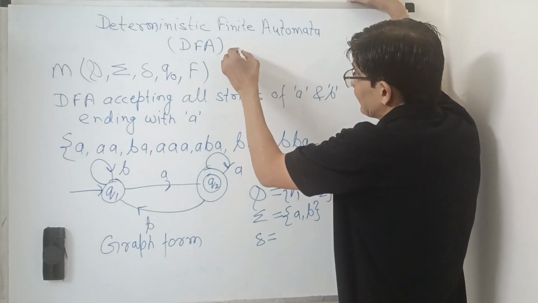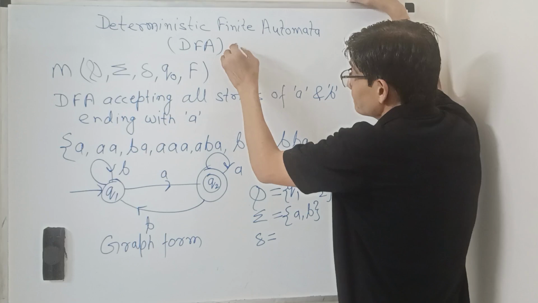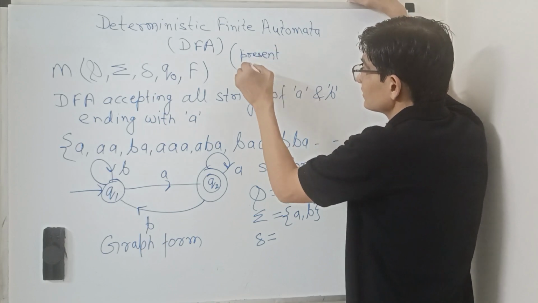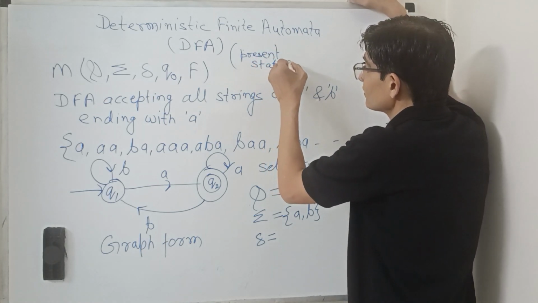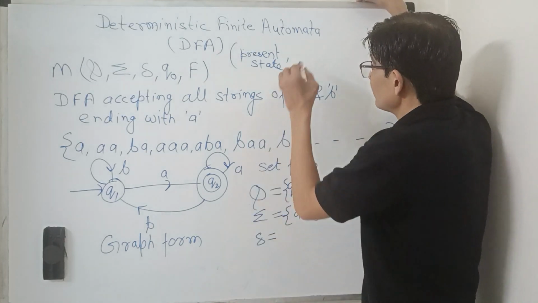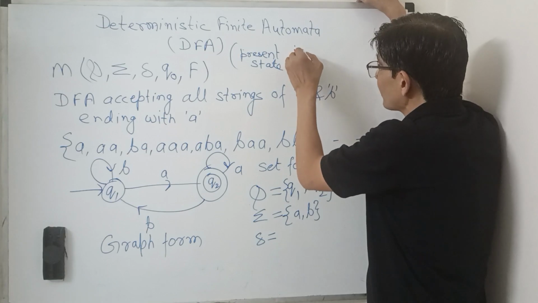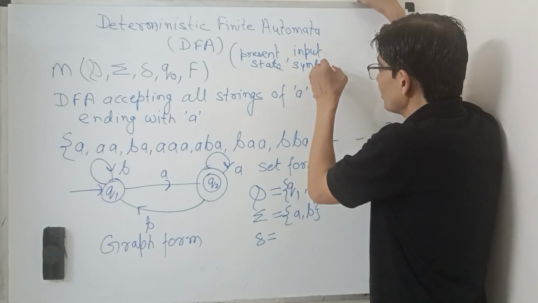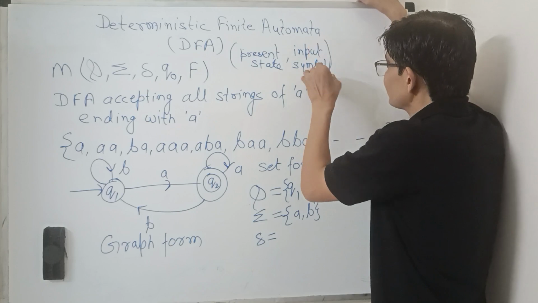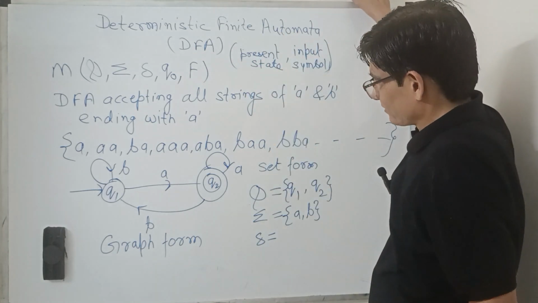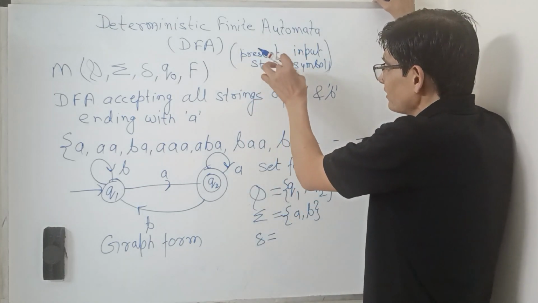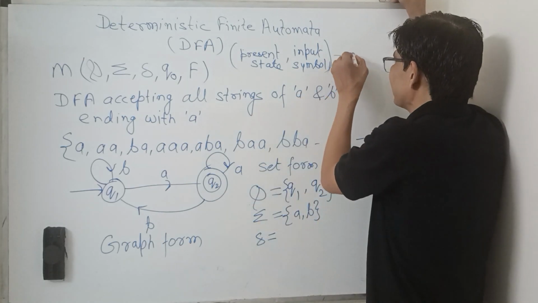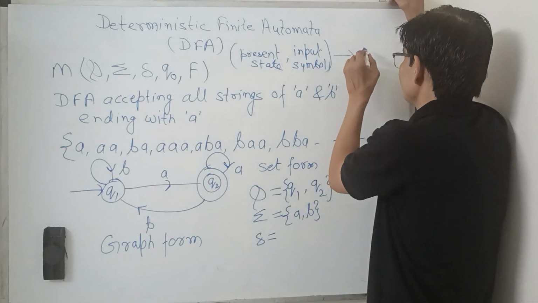Transition rules are specified in brackets as the present state, comma, input symbol, and this is considered as a pair of state and input symbol, which gives us a new state.